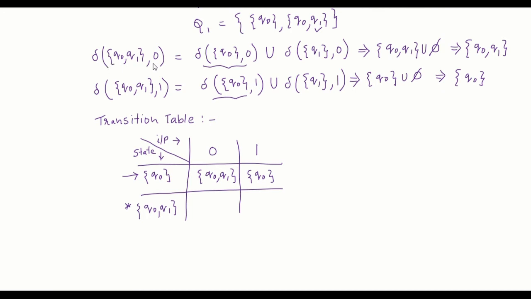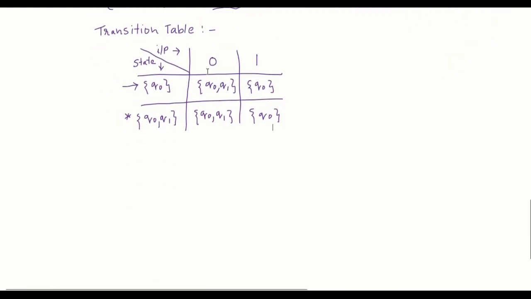Then Q0 Q1 on 0 goes to Q0 Q1. And Q0 Q1 on 1 goes to Q0. So this is our transition table.